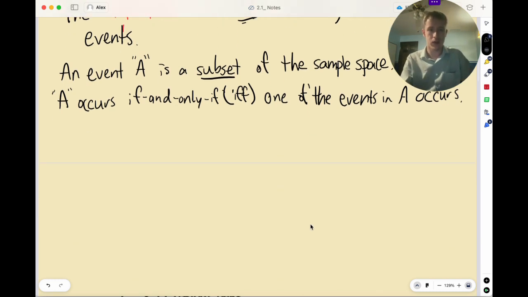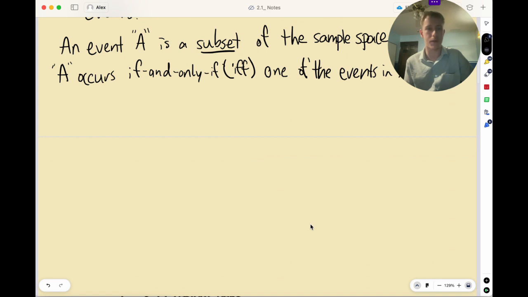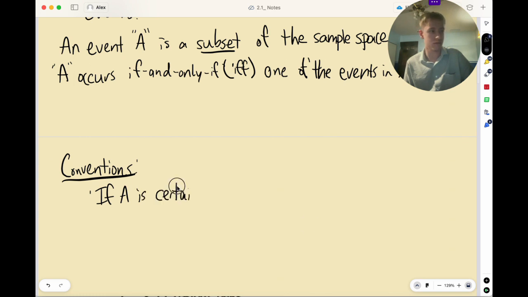Now we have some conventions in probability. If the event A is certain to occur, and A is a subset of the sample space, what do you think the set A is equivalent to?